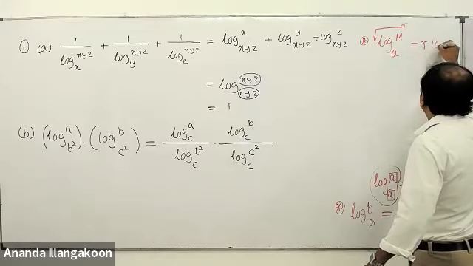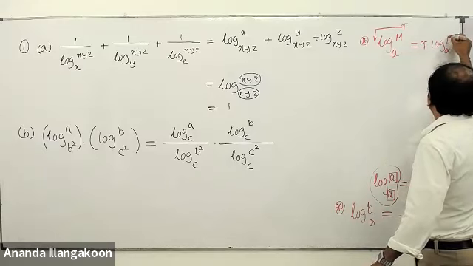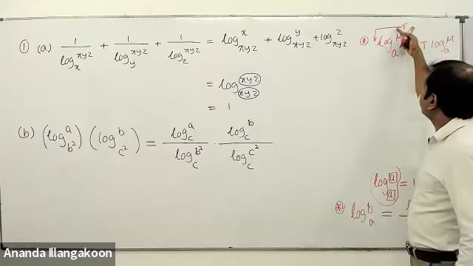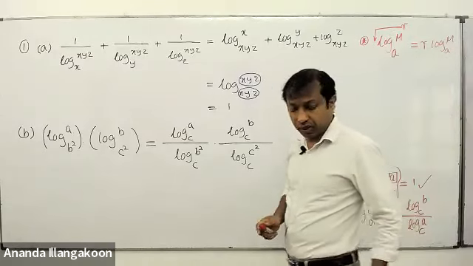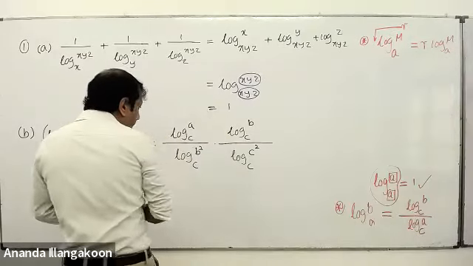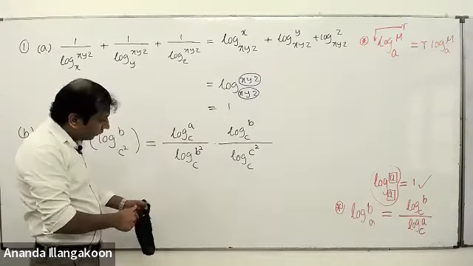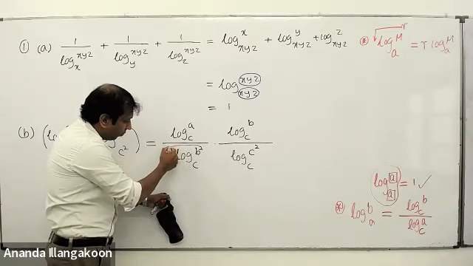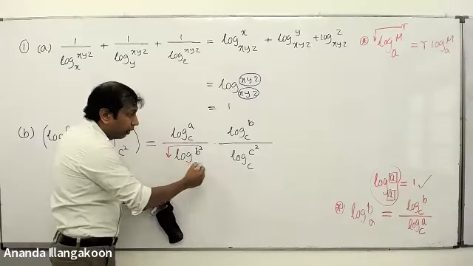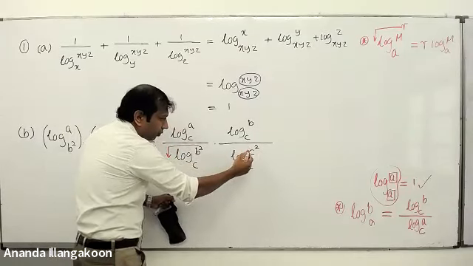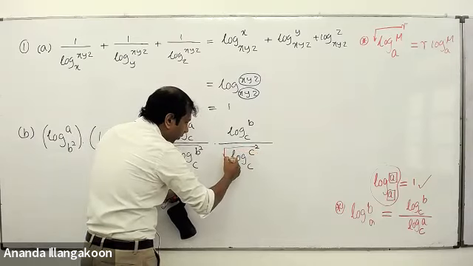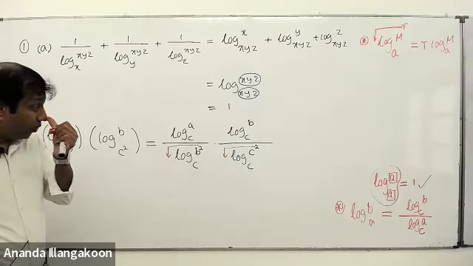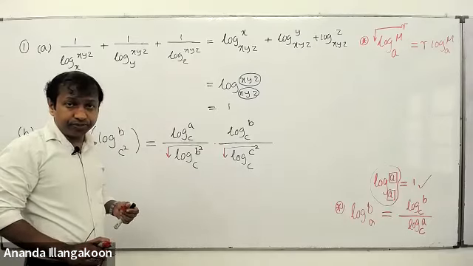R log base C M. The power here you can take before. Understood? Then using that, see here, the power of this B, 2, you can take before this log term, and the power of this C, this 2 also you can bring before this log term. Understood? Now that's what we do next.